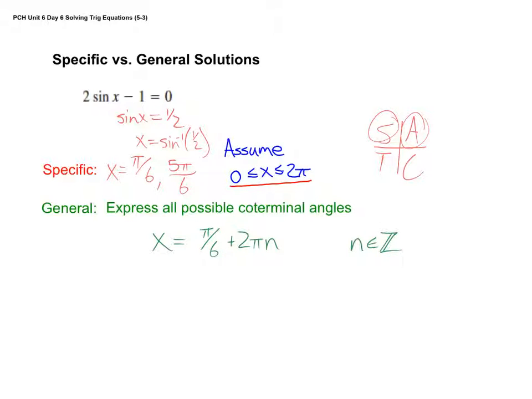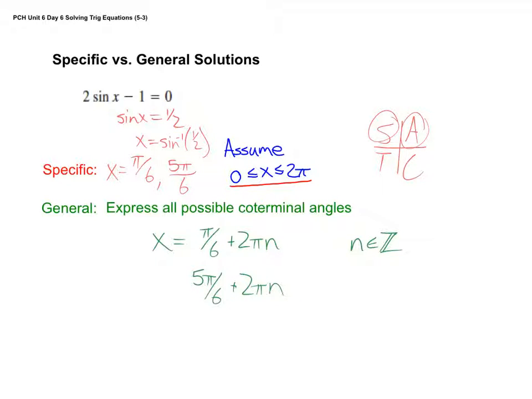Now, we also have to do the same thing with the 5 pi over 6. Okay? 5 pi over 6 plus 2 pi n. So that would be the general solution.